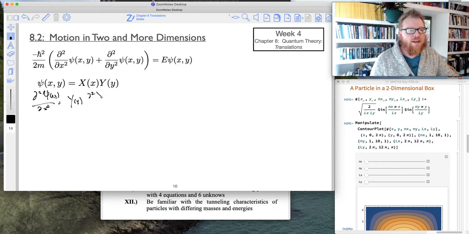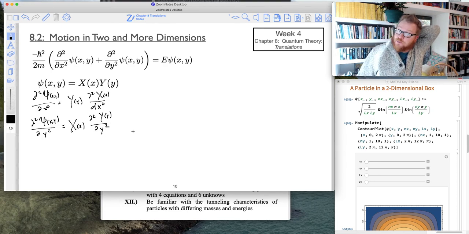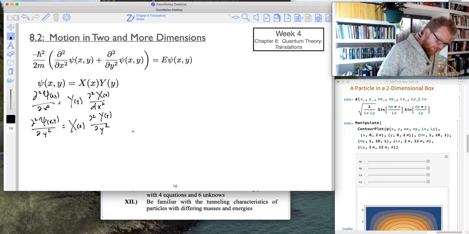And now I only need to worry about taking the second derivative of the X function, all right? Similarly, when I take the partial of ψ(x,y) with respect to y, I know that now this X function doesn't depend on that second derivative, so I can put that in front, okay? And my derivative in ψ is only dependent on y. So this is what allows me to separate these variables, okay?